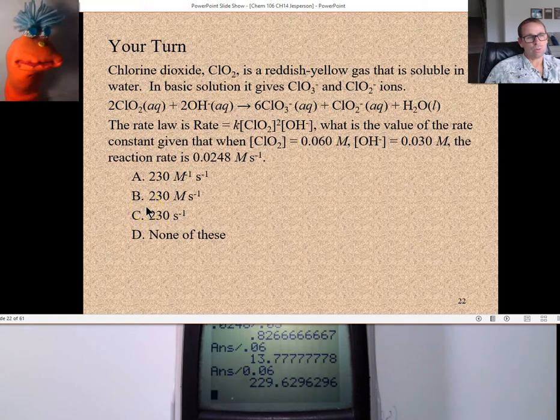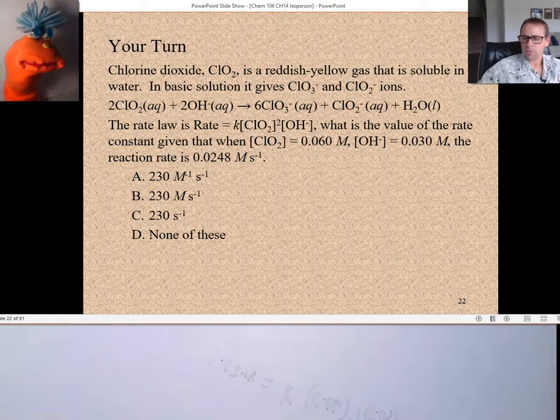So what's the difference between them? Oh, they have different units. Okay. Can we tell which one of these would be the right k by the units? I'm not sure. How would we do this? Well, rate. What is the units for the rate always? Oh, yeah, molar per time, so molar per seconds. That's for the rate, not for the k.